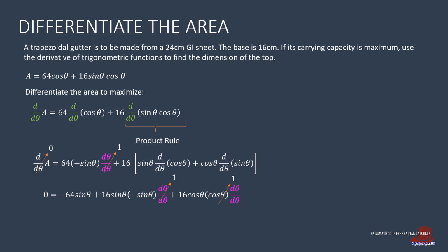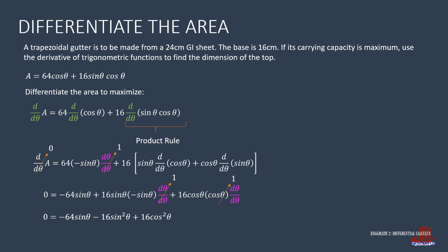The derivative of theta with respect to theta is cancelled out to 1. So the function then becomes 0 equal to negative 64 sine of theta minus 16 sine squared of theta plus 16 times cosine squared of theta.